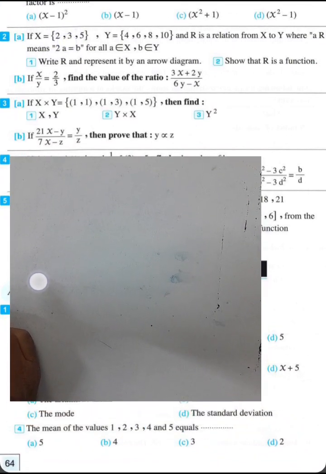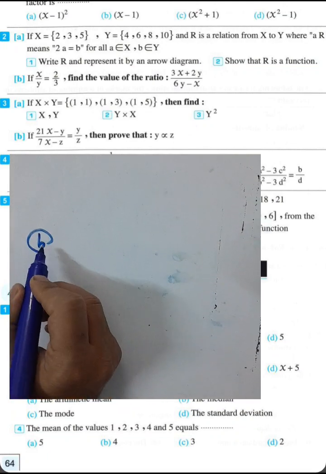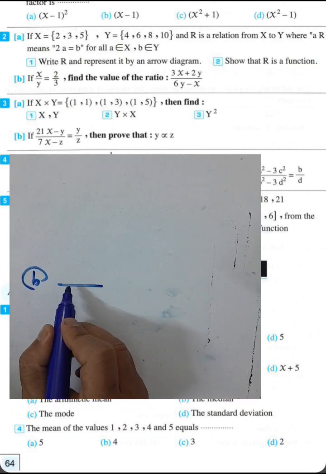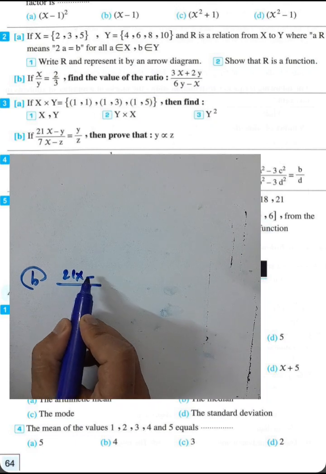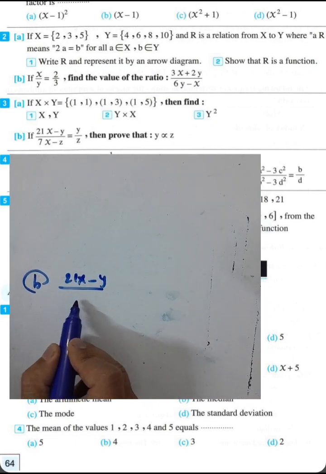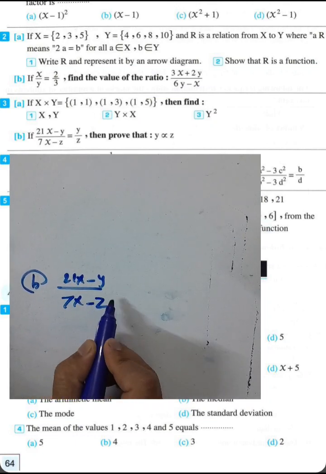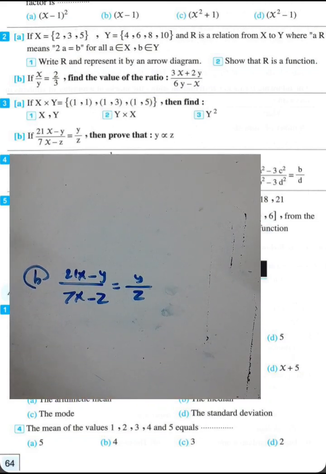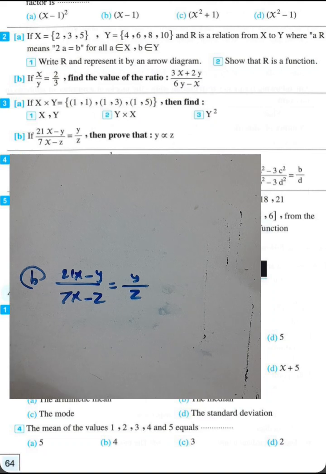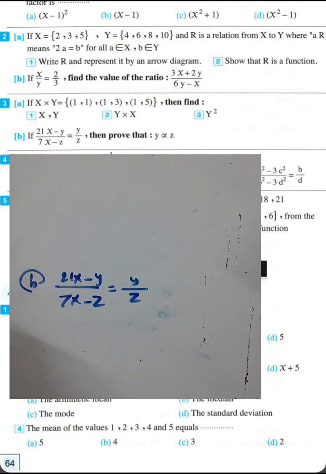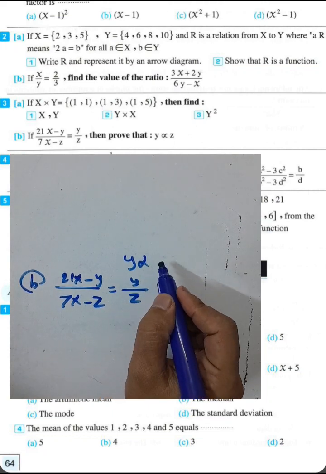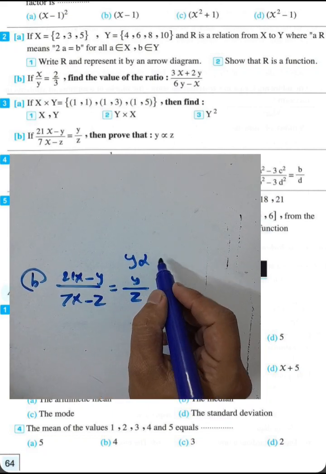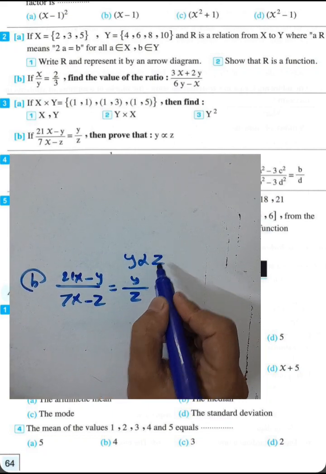Next example, letter B. If (21x minus y) over 7x minus z equals y over z, we want to prove that y varies directly with z.